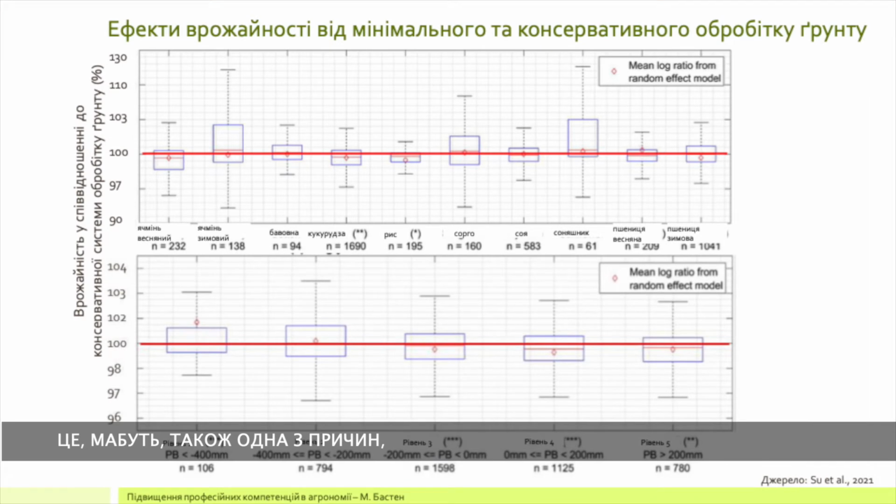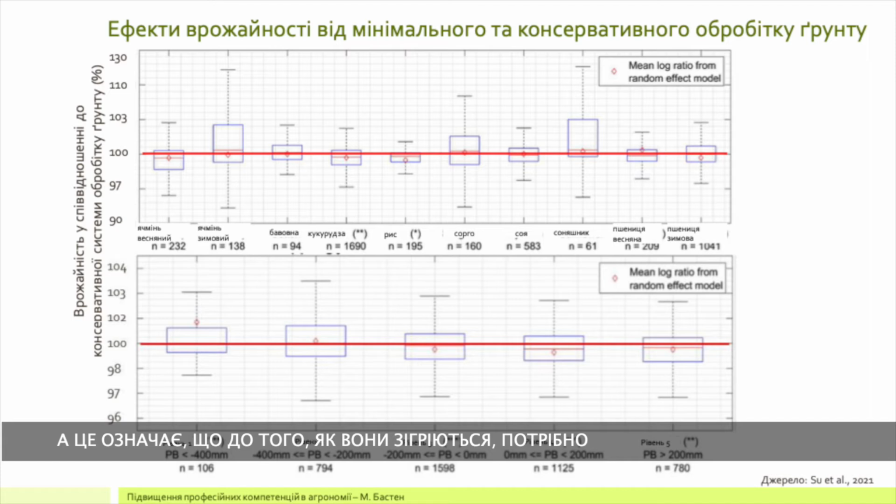This is probably also one reason why, let's say, in Northwestern Europe we don't see so much conservation agriculture, because in most areas we have, of course, an excess of water, and this seems to be not the best condition for conservation agriculture, because the soils are quite moist then in spring, and we will come to that later.